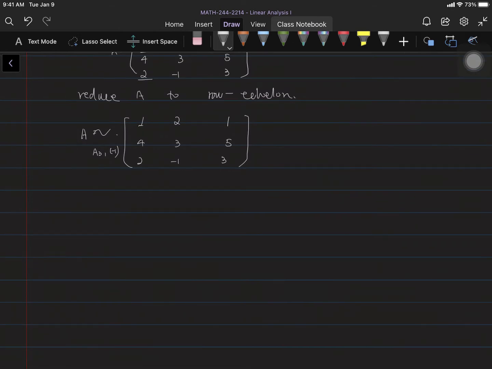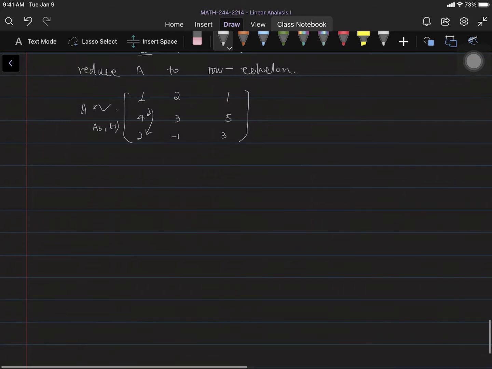After we have the leading 1, we can easily make the others into zeros by using row 1 times -4 and times -2 added to row 2 and row 3. So row 1 doesn't change. 1 times -4, 0. 2 times -4, -8. 1 times -4. 1 times -2, 0. 2 times -2, -4, -5. 1 times -2, so there should be 1.